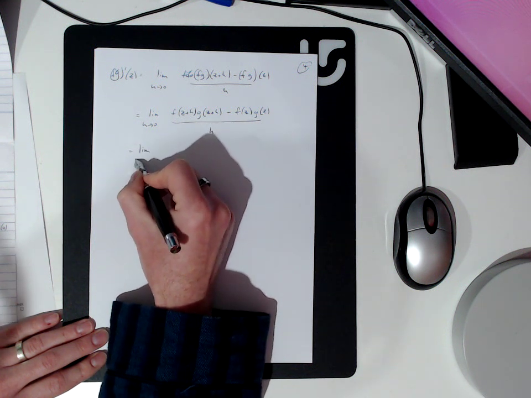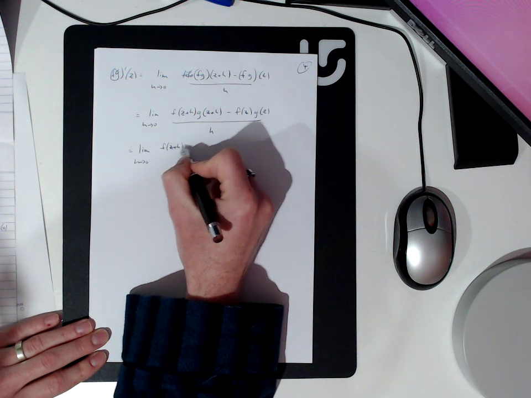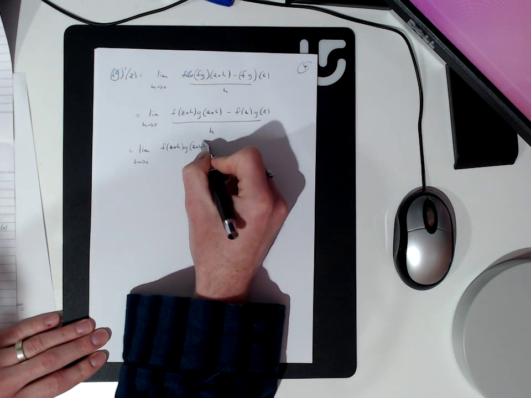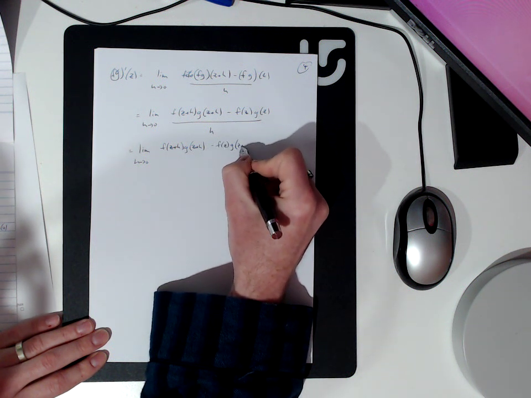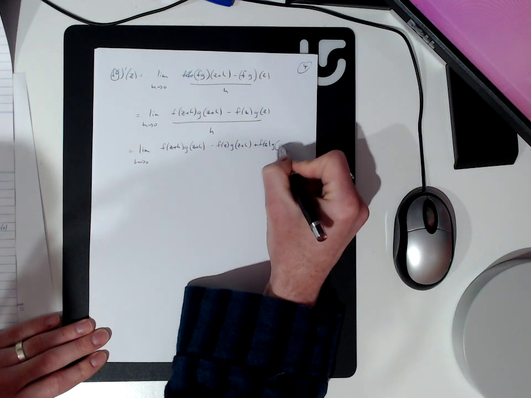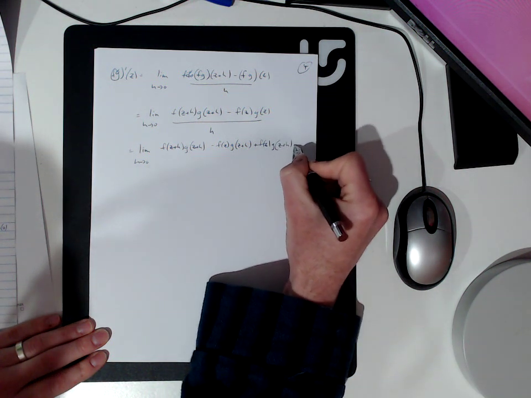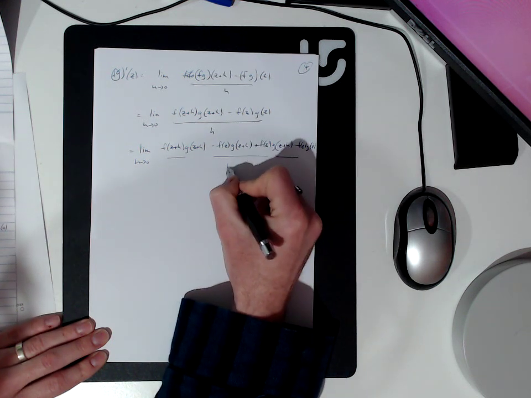This is the standard telescoping thing I've been talking about for ages. We add and subtract f(z) g(z plus h), so this is f(z plus h) g(z plus h) minus f(z) g(z plus h) plus f(z) g(z plus h) minus f(z) g(z), divided by h.